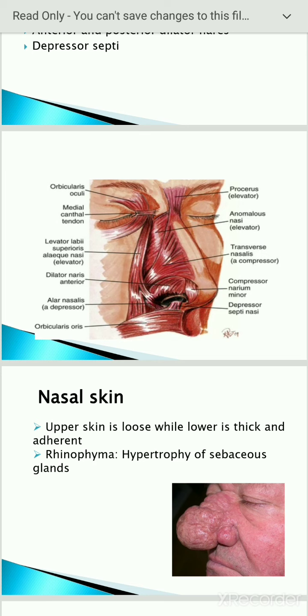Superiorly, orbicularis oculi muscle is also shown. We can see medial canthal tendon, and orbicularis oris muscle is just inferior to the nasal ala.